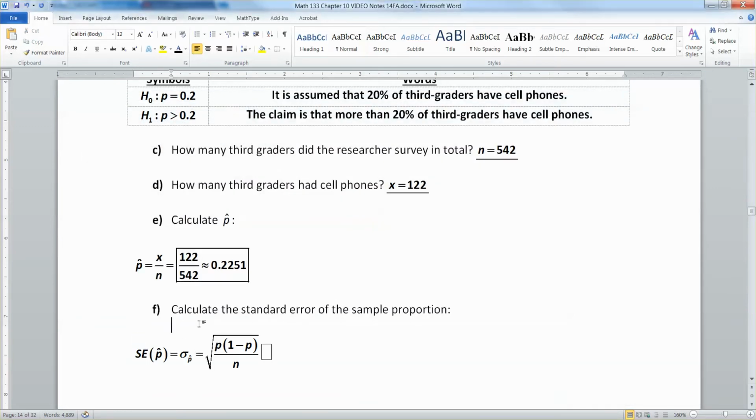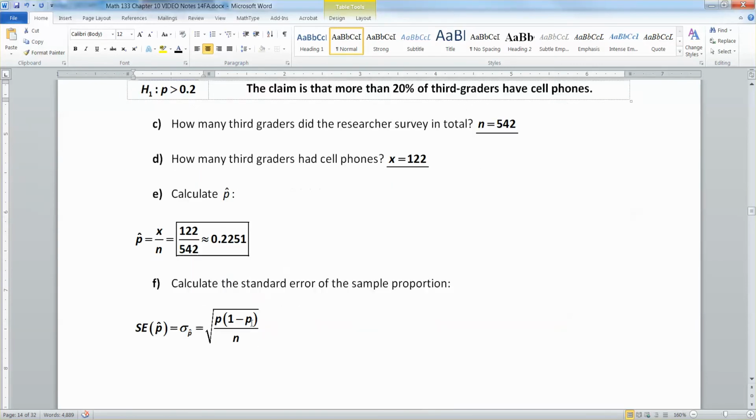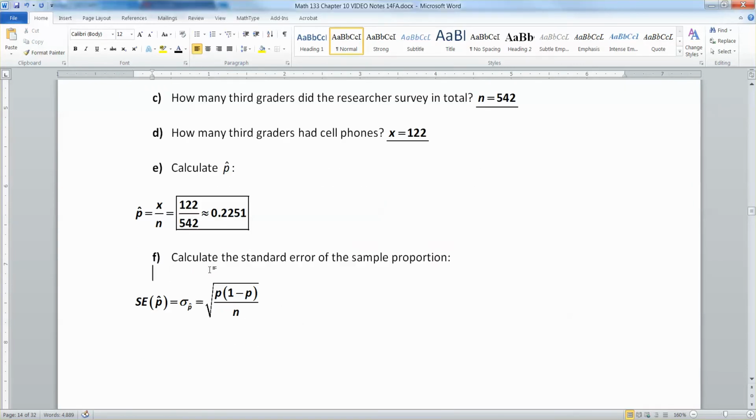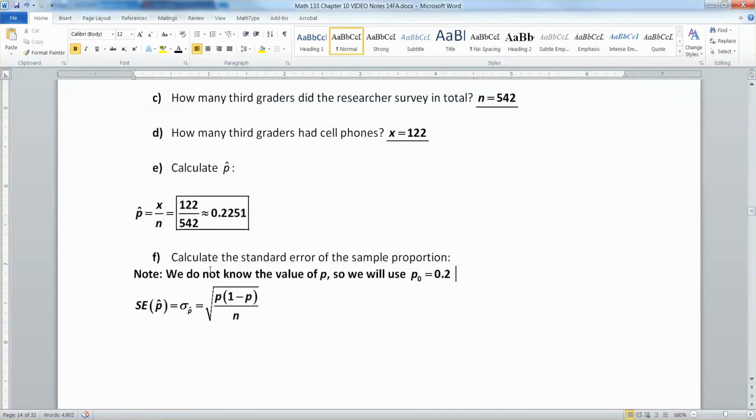The problem is that we don't actually know what our population proportion value is. We think that it is our null hypothesis value of 0.2. So note, we do not know the value of p, so we will use p0, the null hypothesis value of 0.2, as it is assumed true.